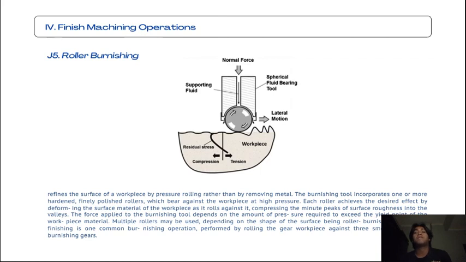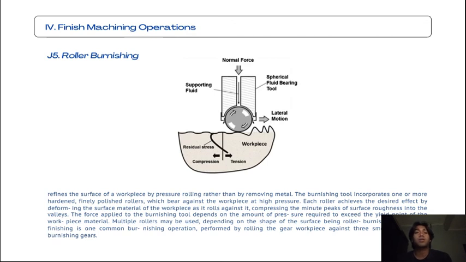Each one achieves the desired effect by deforming the surface material of the workpiece as it rolls against it, compressing the minute peaks of the surface roughness into the valleys. The force applied to the burnishing tool depends on the amount of pressure required to exceed the yield point of the workpiece material. Multiple rolls may be used depending on the shape of the surface being roll burnished.